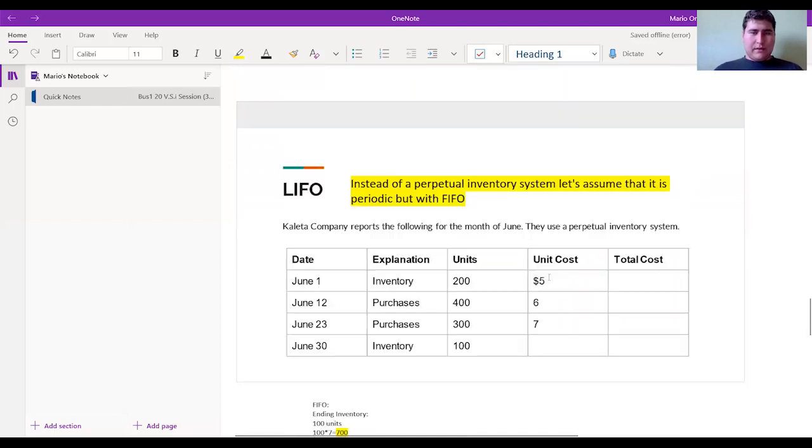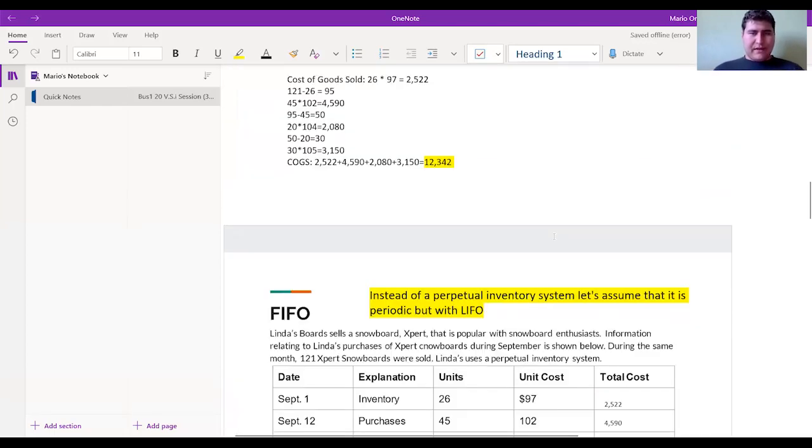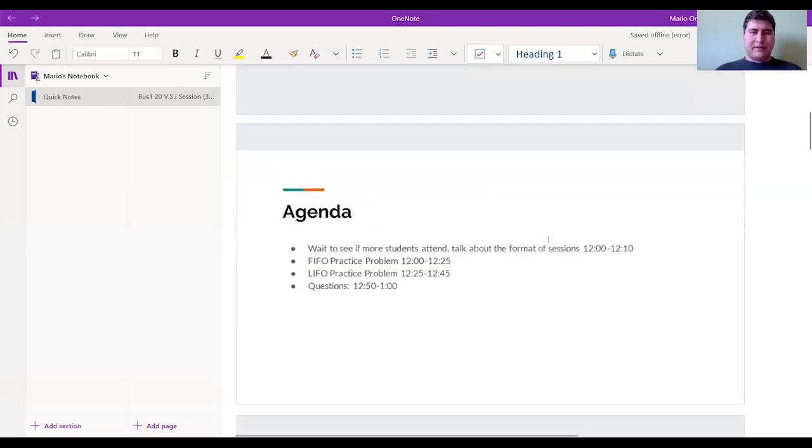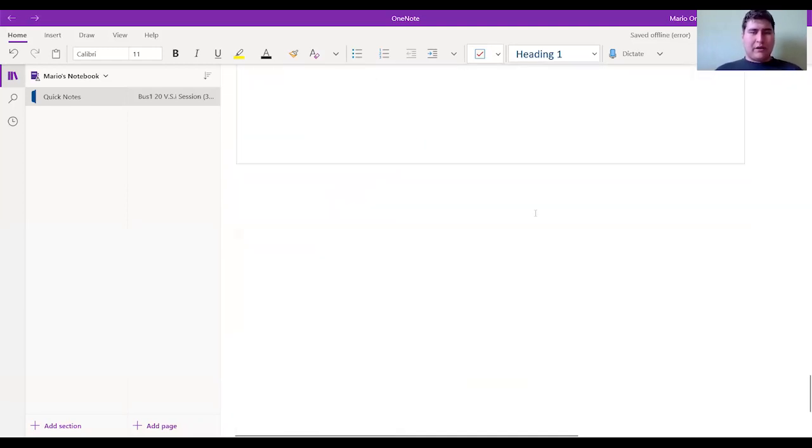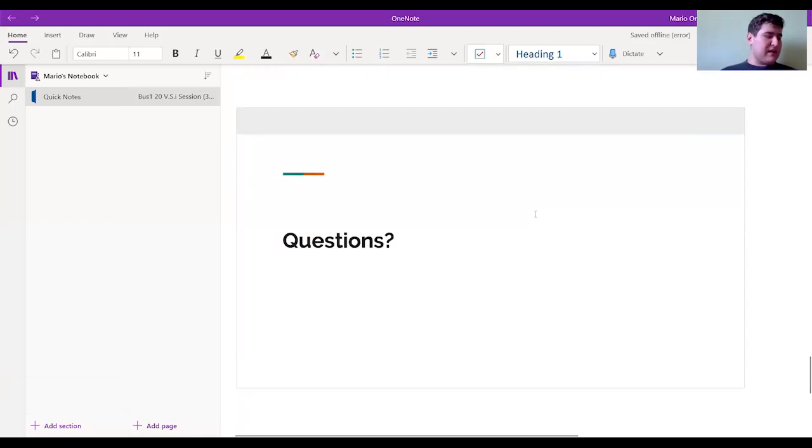So that's pretty much LIFO and FIFO, at least the more important parts of it. I'm pretty sure you don't have to worry too much about it being perpetual, at least not for this class. I know for later classes, they're going to have you do a whole purchase and sale schedule where for each sale, you're going to want to account for the cost of goods sold at that point if you're using a perpetual system.